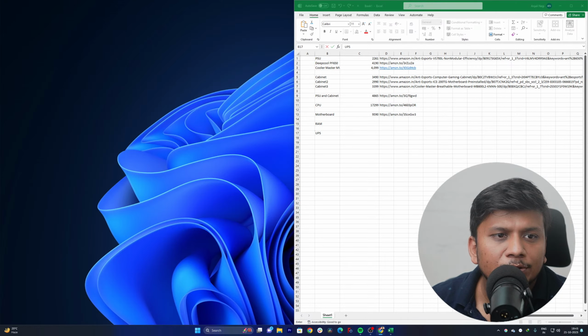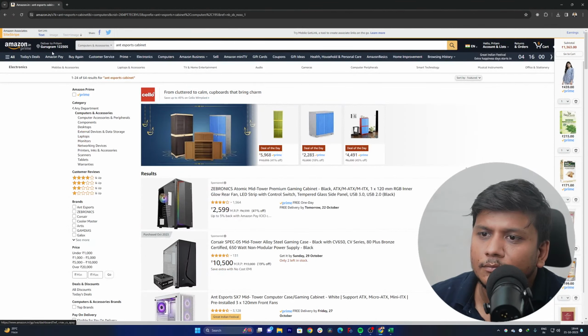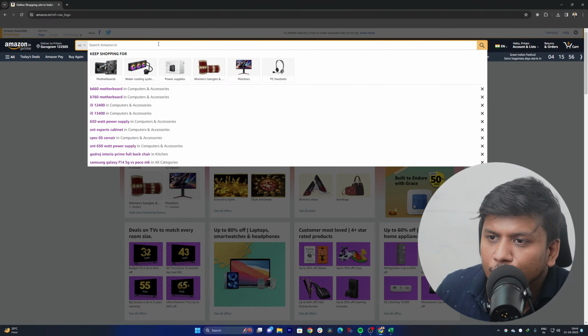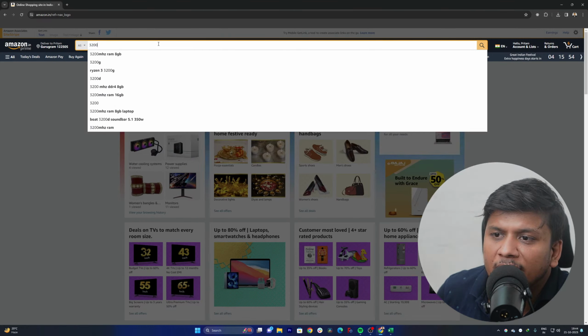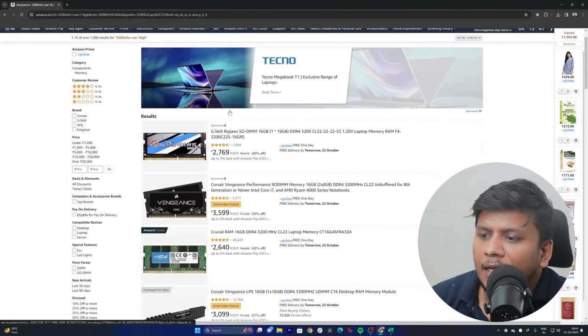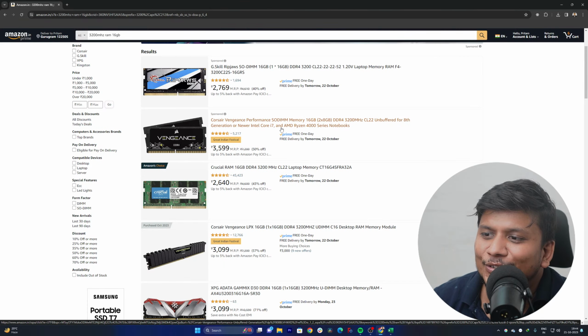let me actually open it. I would recommend you to go with 3200 megahertz, 16 gigabyte RAM, and especially the CL16 one. So this RAM looks fancy, but is not good enough.